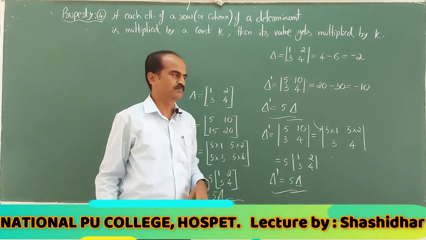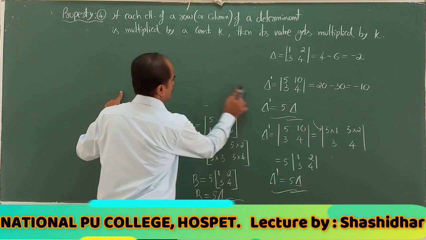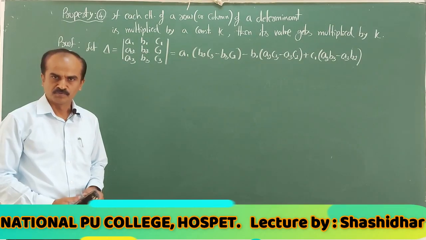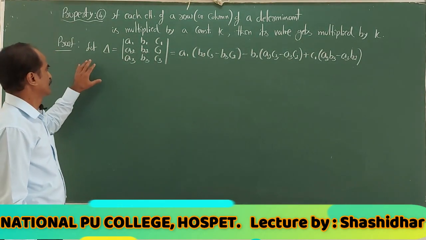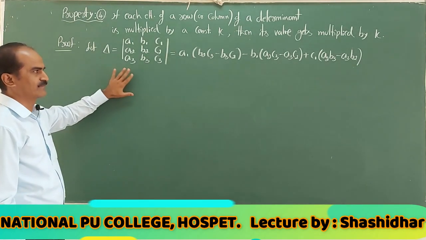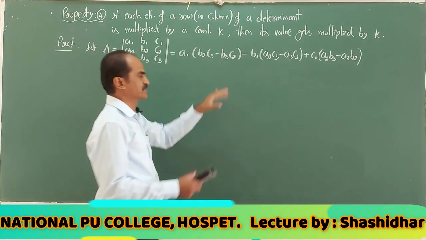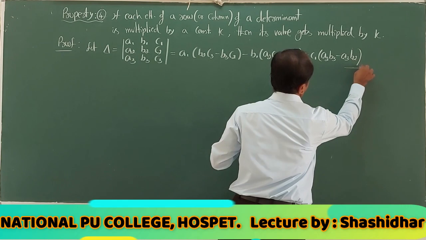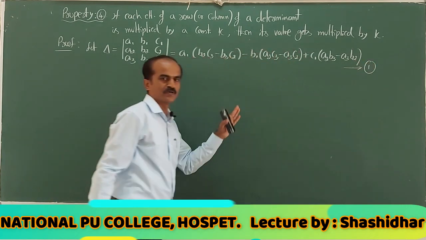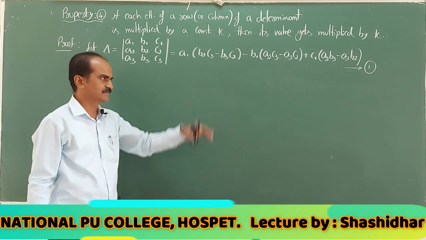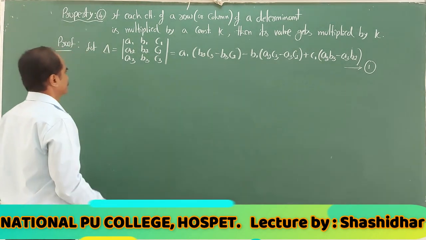Now let us prove this by taking a general determinant. To prove this property, let me take a determinant of order 3. On expansion, this is the expression we get. It is going to represent some value, say let it be equal to 1.